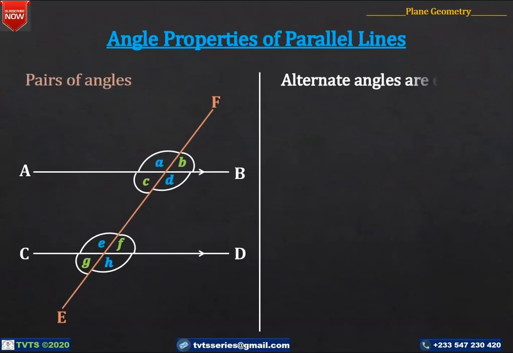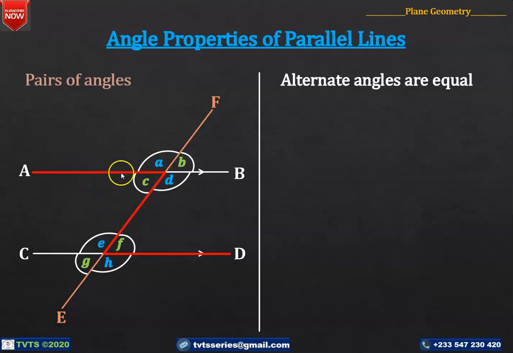Again, alternate angles are equal upon the crossing of a transversal and parallel lines. Alternate angles can be thought of as a Z shape. We can talk of two sets of alternate angles.